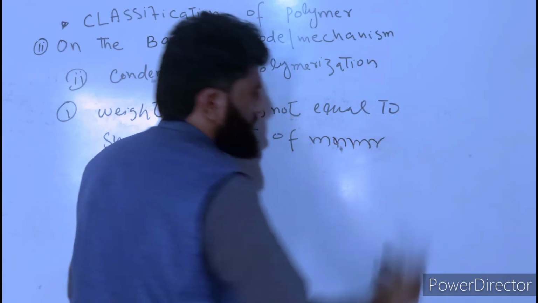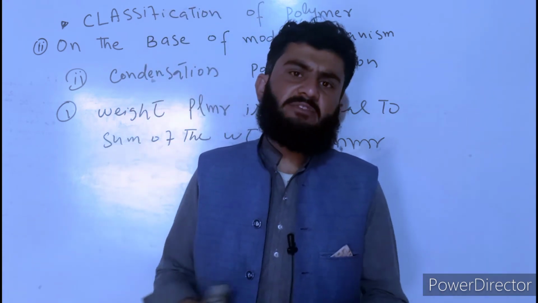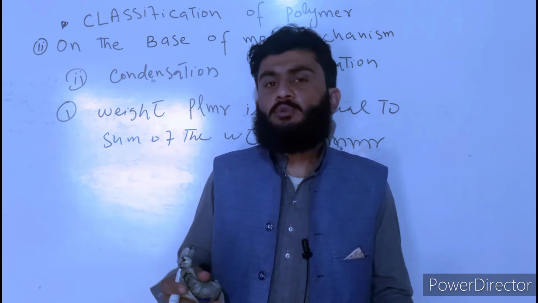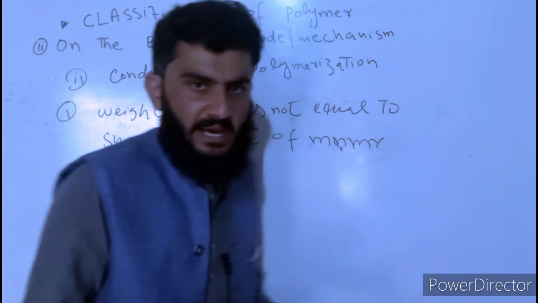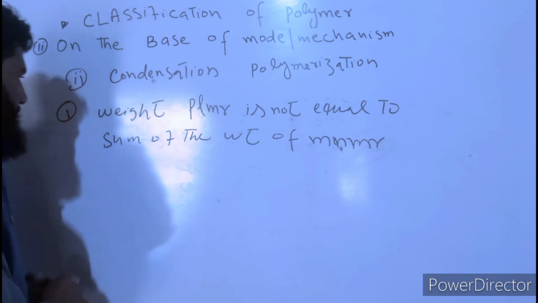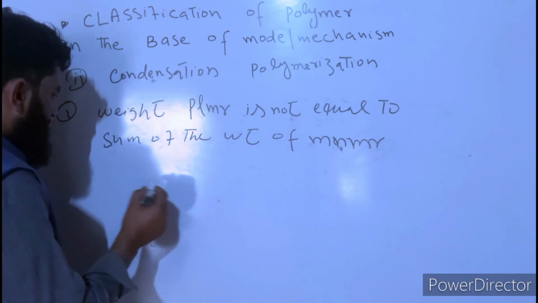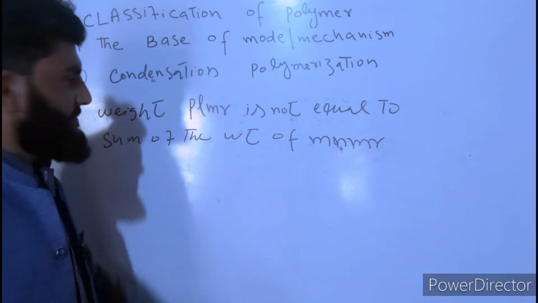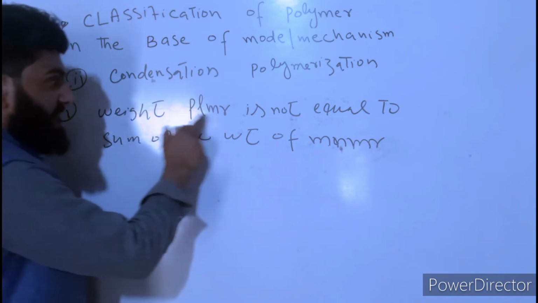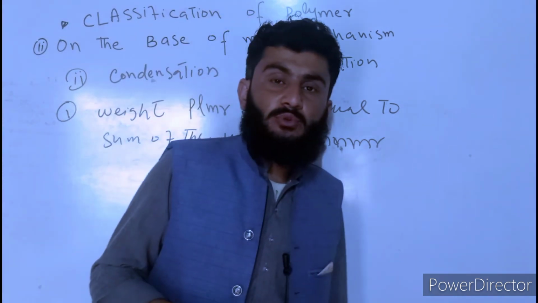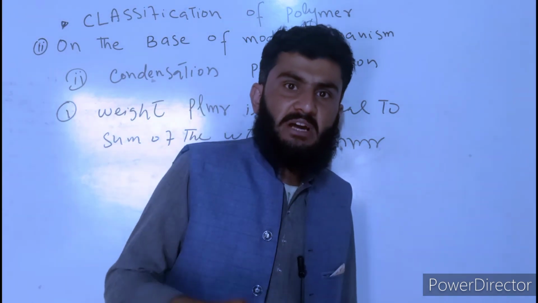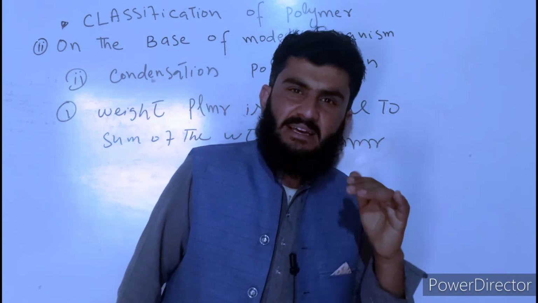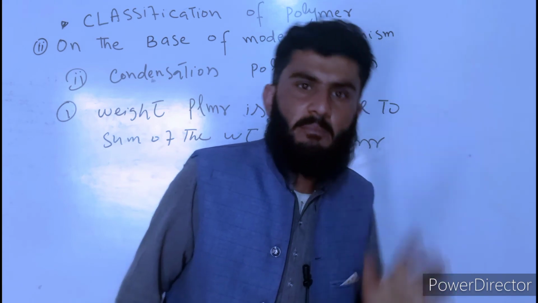Clear? Shortly, the weight of the polymer is not equal to sum of the weight of the monomer. Clear? Why? I want to explain this later. It means the weight of the polymer will be less than the sum of the weight of the monomer.